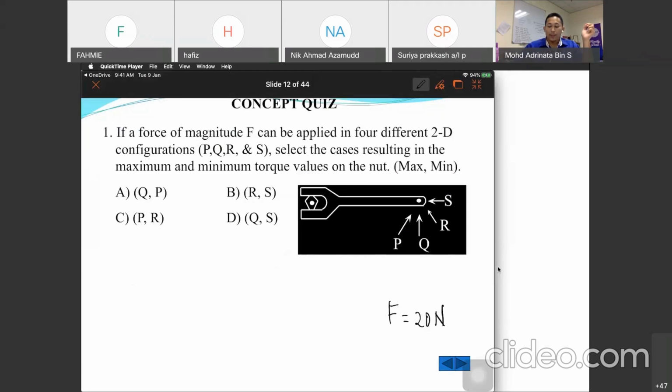What is the maximum torque? Maximum and minimum. Minimum is no torque at all.